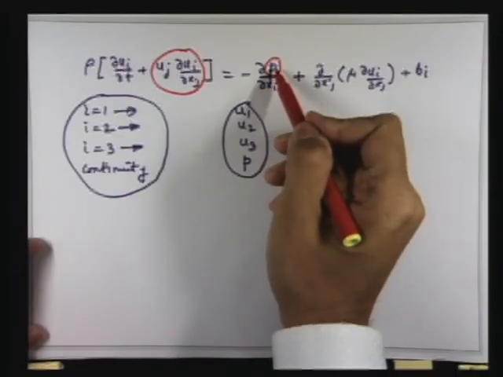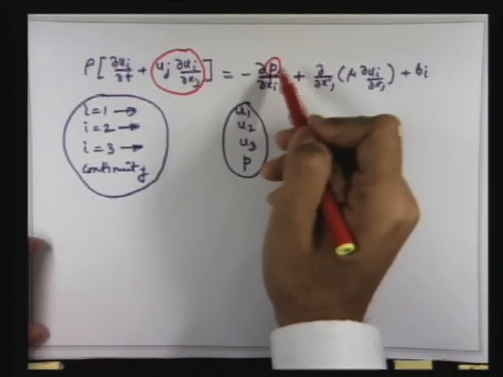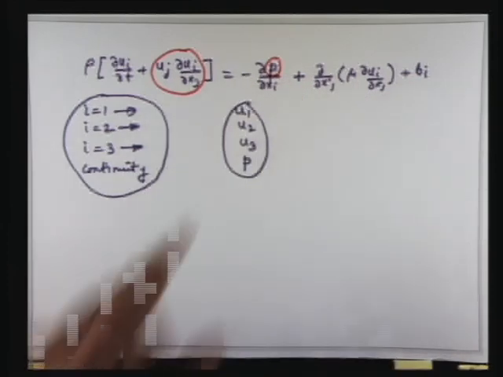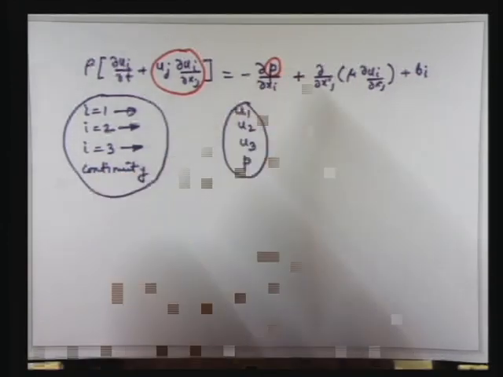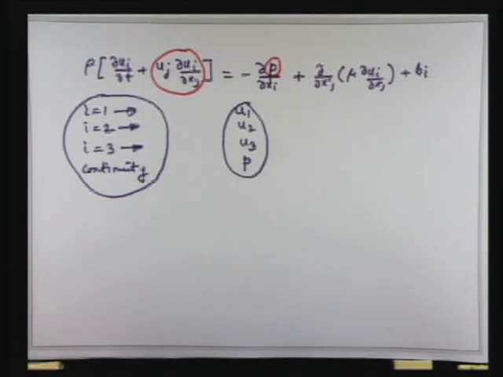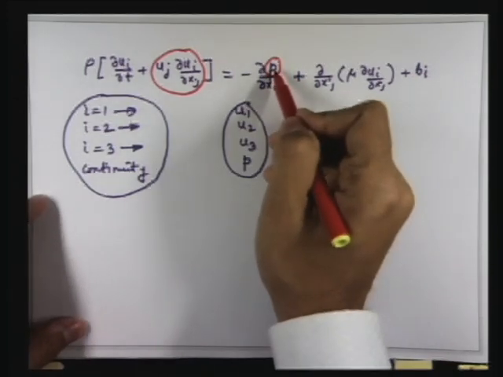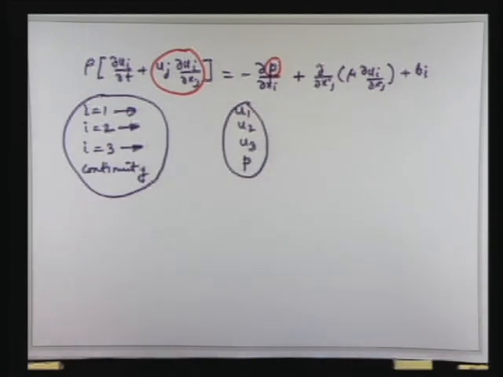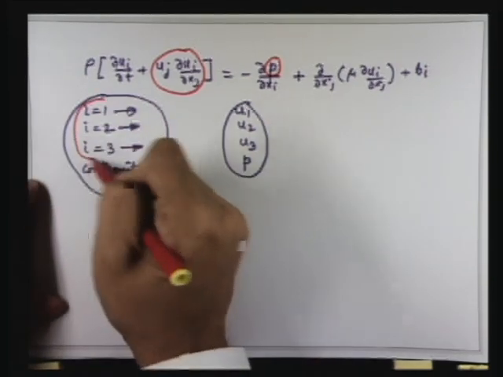So the thing is, eliminate pressure. If you eliminate pressure, you can come up with variables which do not explicitly contain pressure. An approach which is, of course, valid for a restricted class of problems, that is the stream function vorticity approach. And the other approach is that you consider pressure and link this pressure with a continuity equation. Using the continuity equation, you artificially derive a governing equation for pressure, because these three equations are for velocity.